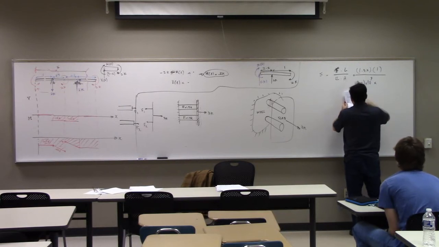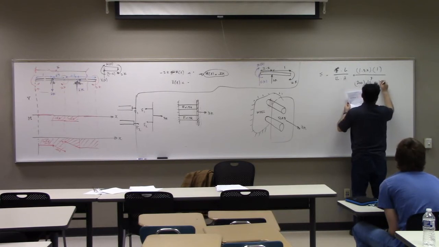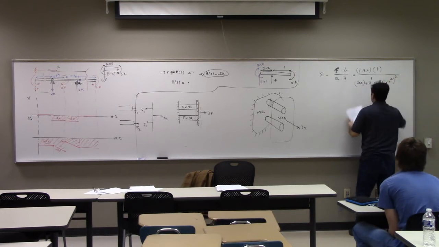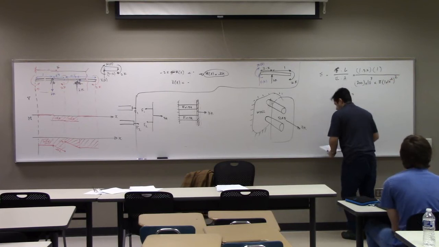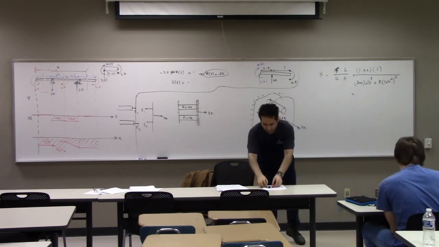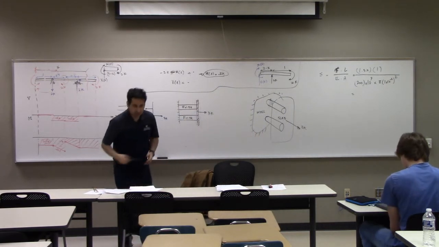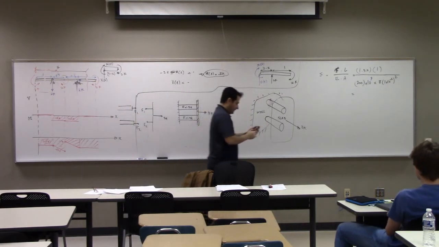The diameter is 2 centimeters, so pi times the radius, 1 times 10 to the negative 2, squared. Put it in the calculator.